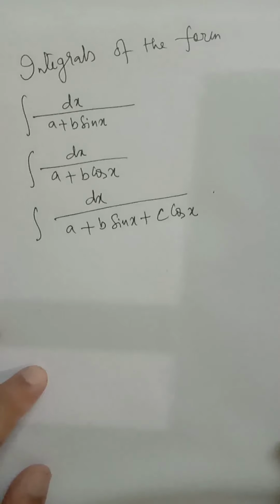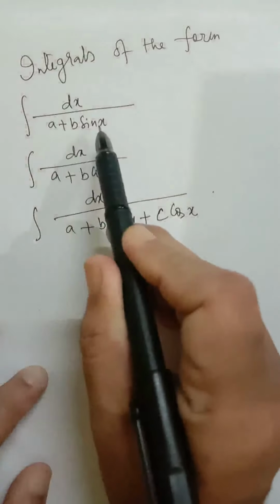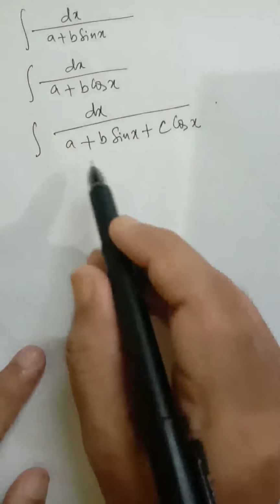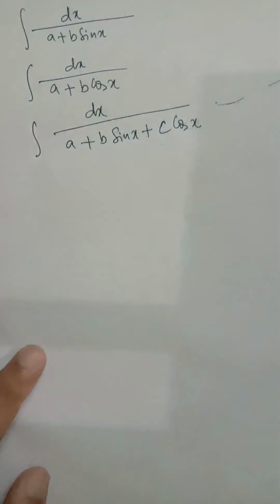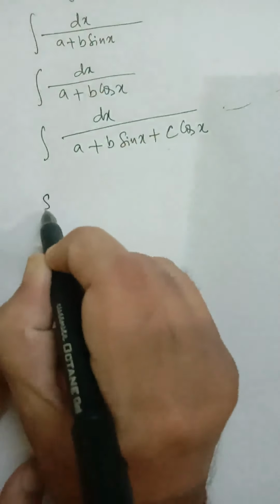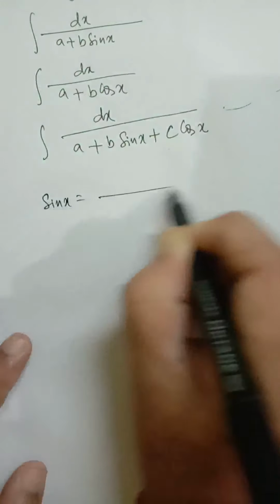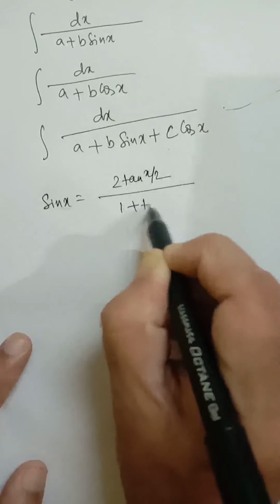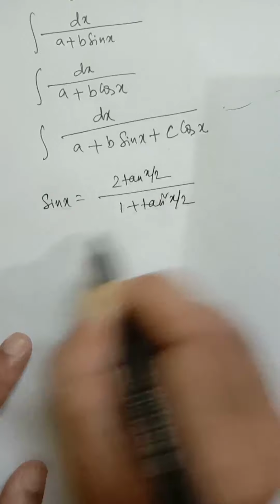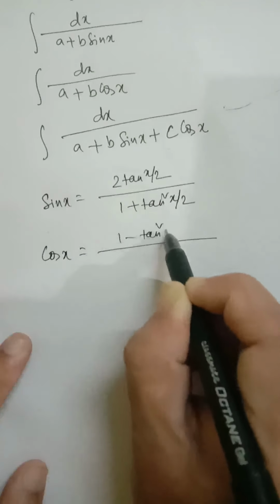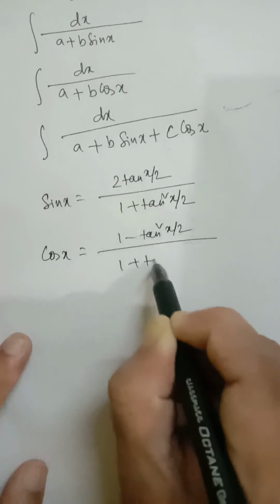And now I will discuss the integrals of the form dx by a plus b sin x, dx by a plus b cos x, and dx by a plus b sin x plus c cos x. In this type of integrals, we will write sin x equal to 2 tan x by 2 divided by 1 plus tan square x by 2, and cos x equal to 1 minus tan square x by 2 divided by 1 plus tan square x by 2.